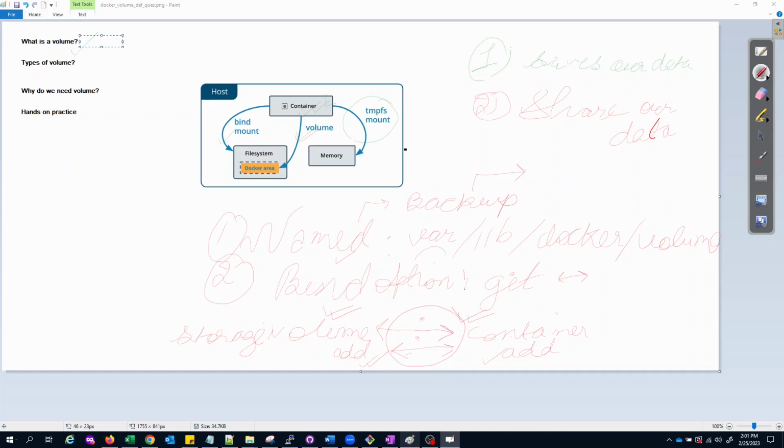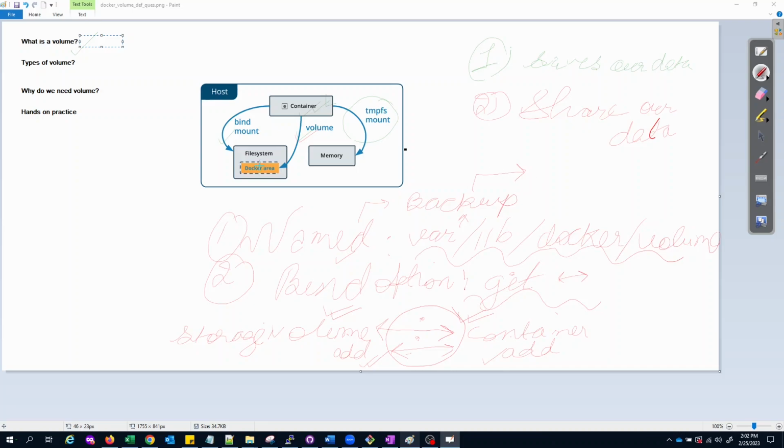Because all of the volume data is stored in the same location, so we know where those data reside. Versus in the bind mount, every server could have a different volume location. So obviously this will be easier for backup. And also, it works with different Linux and Windows containers, so it's very flexible.